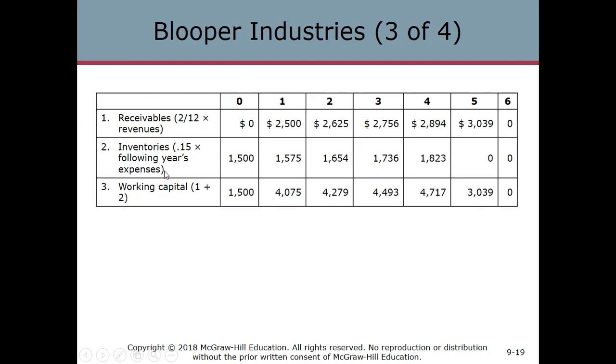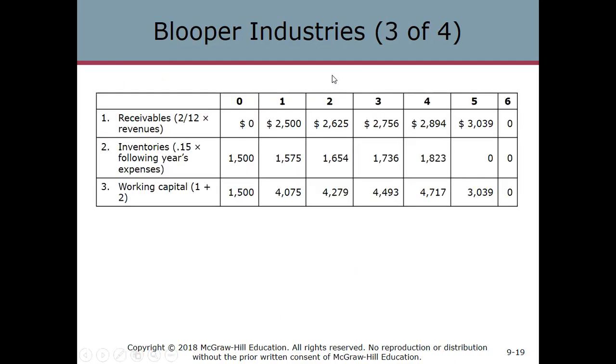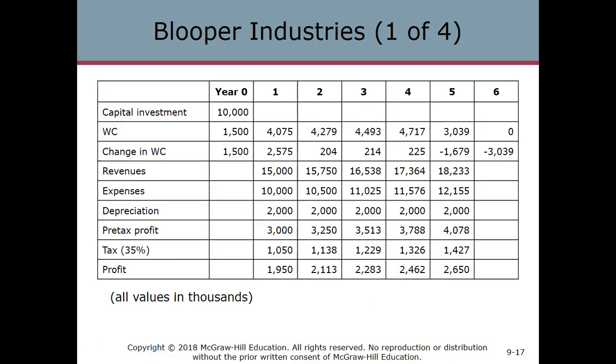Inventories would be 0.15 of the following year's expenses. So we base that on our going back expenses here, and that's for the year zero because our expenses is 15,000. So times, is it 15,000?